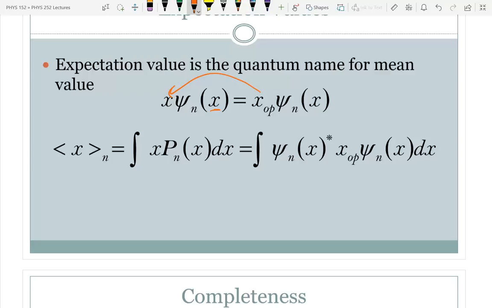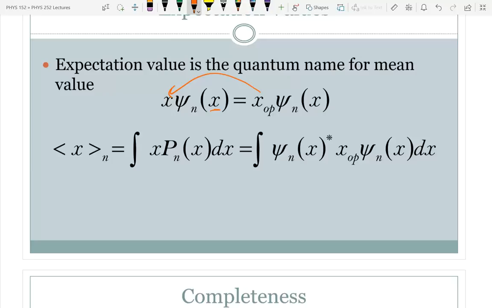Now, we talked about what the average value of a bunch of measurements of position would be. We can calculate it from our quantum physics. Before, we calculated simply what the probabilities for different positions were, and we looked at it and said, clearly I can see the average is in the middle. But we didn't do that mathematically. We did that visually.